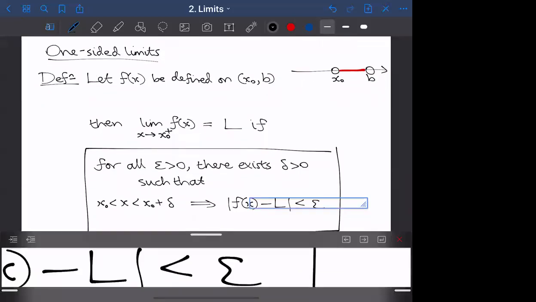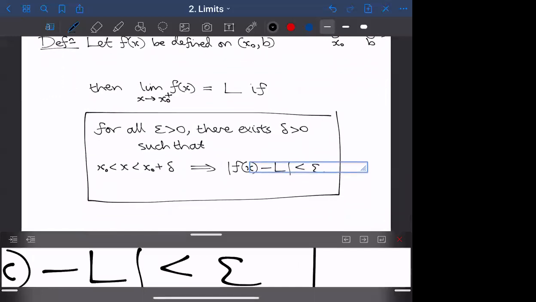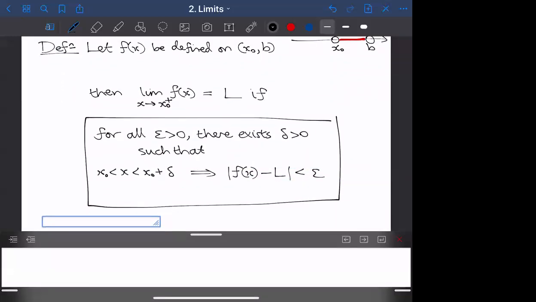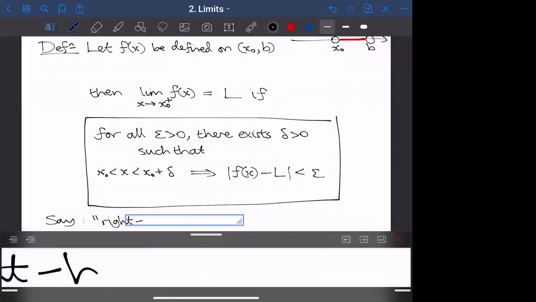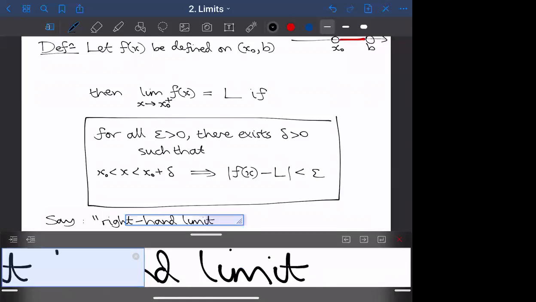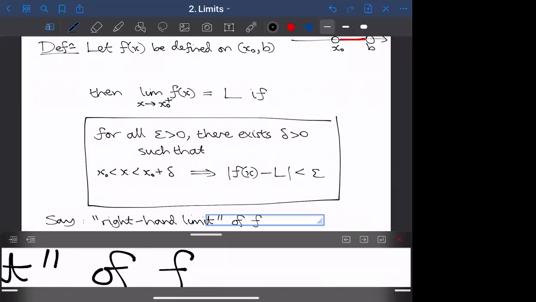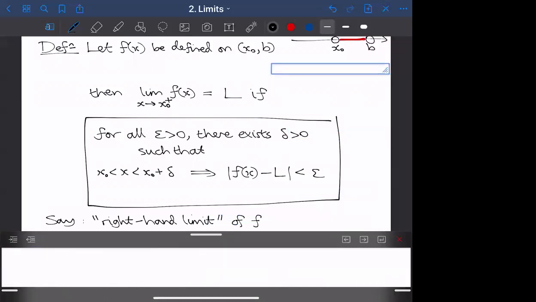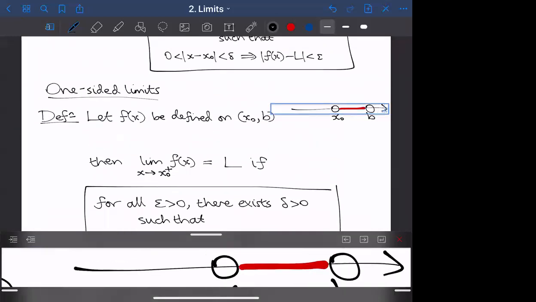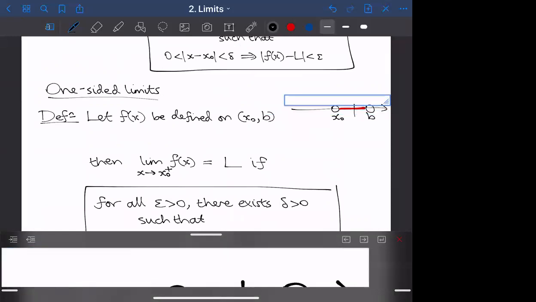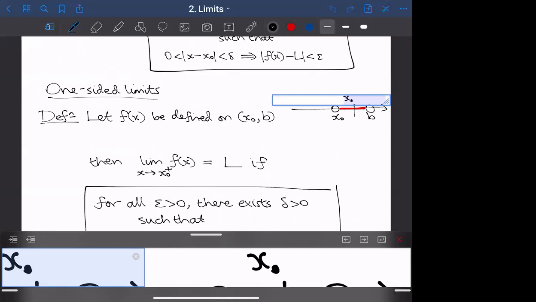And in this case, we say the right-hand limit of f, because the x's we consider are approaching x0 from the right on the number line.